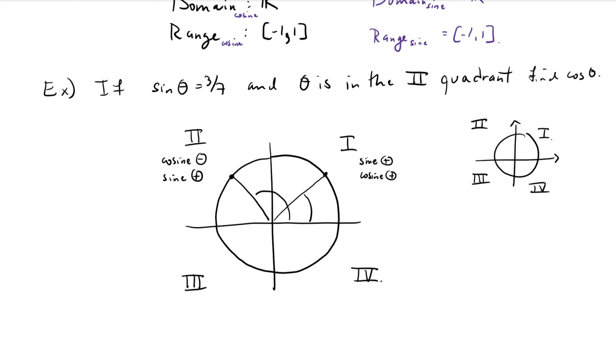Over here, in the third quadrant, sine and cosine are both negative. And over here in the fourth quadrant, cosine is now positive, while sine is negative. This is not something you need to remember by heart, right? It's common sense if you look at where those quadrants are located in the Cartesian plane.